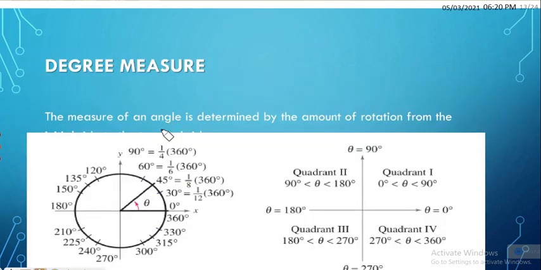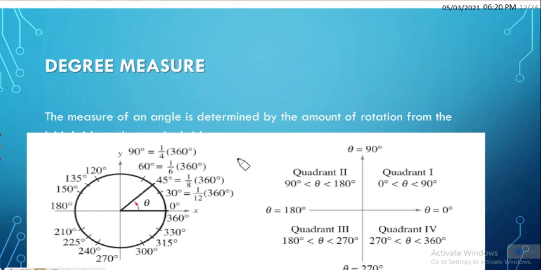Alright, so degree measures. How do we define degree measures? What are degree measures? Okay, so the measure of an angle is determined by the amount of rotation anti-clockwise from the x-axis for positive angles and clockwise from the x-axis for negative angles.